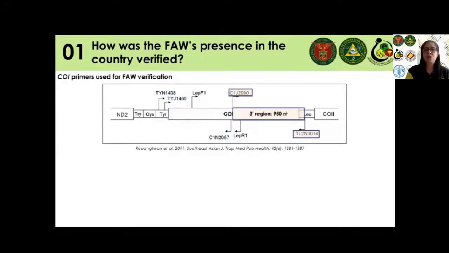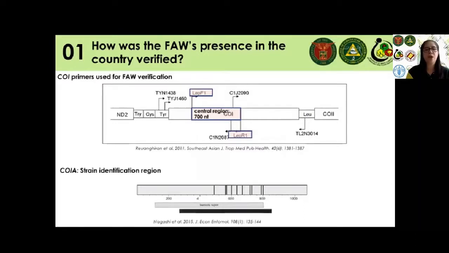The 3' region, on the other hand, can be amplified using C1J2092 and 3014, which yields a 950 nucleotide fragment, while the central region can be amplified using LEPF1 and LEPR1 and yields a 700 nucleotide fragment.